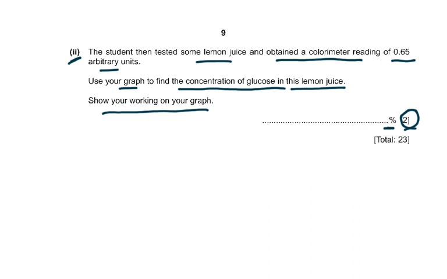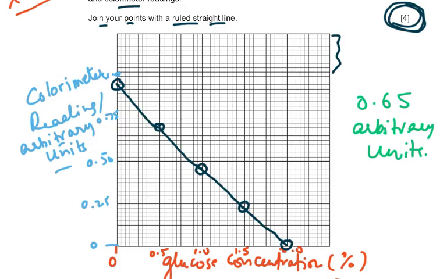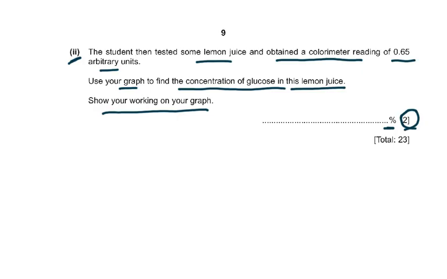One mark is for showing the working on the graph, and one is for the correct value from the graph. They said 0.65 arbitrary units, so that would be somewhere here. You draw a line here and see where it cuts the graph, and then you go right down and read off the glucose concentration. Whatever that figure is, between 0.5 and 0.75, you write it here.